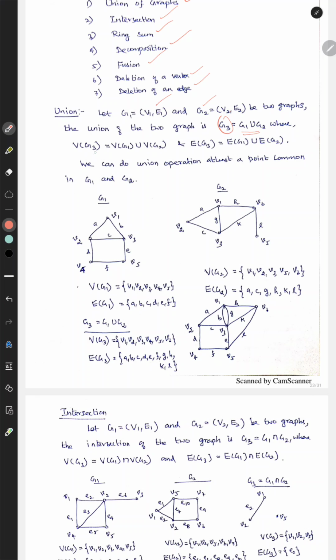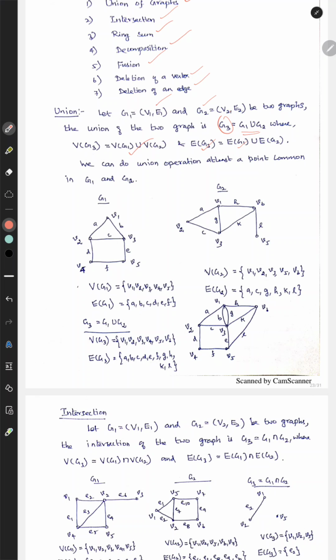That graph G3 has the vertex set as vertex set of G1 union vertex set of G2, and edge set is edge set of G1 union edge set of G2. Okay. So union operation usually is done if there is one vertex common to both the graphs G1 and G2.